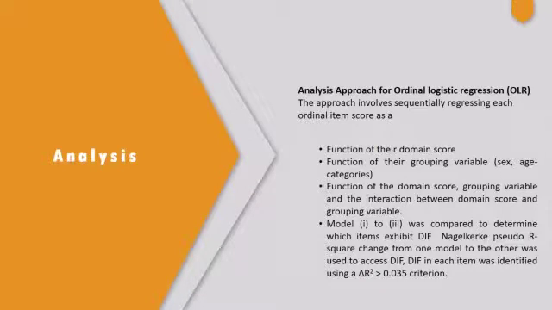We check for uniform DIF and non-uniform DIF, but I'll just say we test for differential item functioning, because that is another level. If the change in R squared is greater than 0.035, then we determine that there is differential item functioning. Otherwise, there is no differential item functioning.